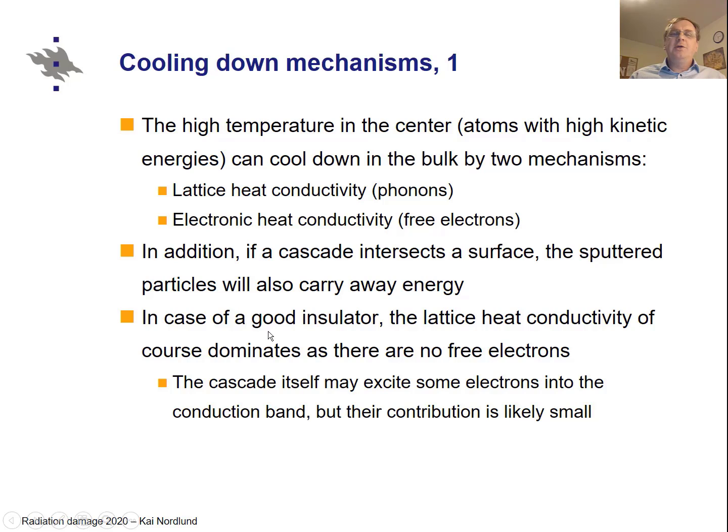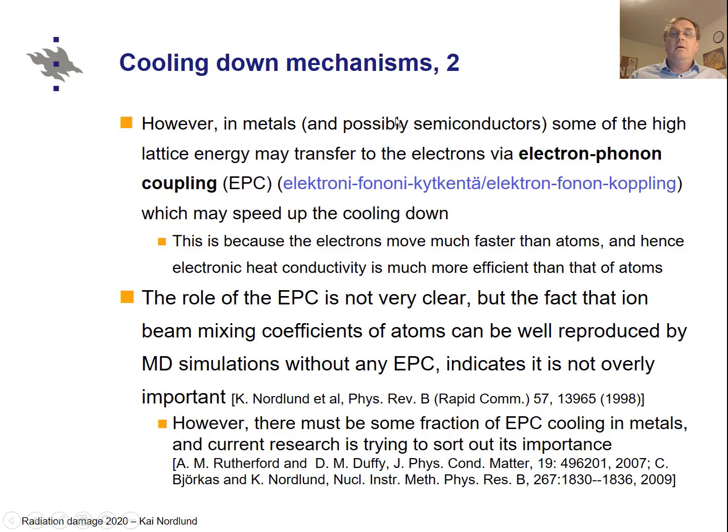So the question is, which cooling mechanism dominates? If you have a very good insulator, then lattice heat conductivity will dominate because there are no free electrons. I mean, the cascade can excite some electrons into the conduction band, but their contribution is very likely to be small. In metals, the electrons are of course free, and they can have a high heat conductivity, and it's possible that some of the cooling occurs via electron-phonon coupling, which is in general the method by which the electronic temperature and atomic temperature are coupled.